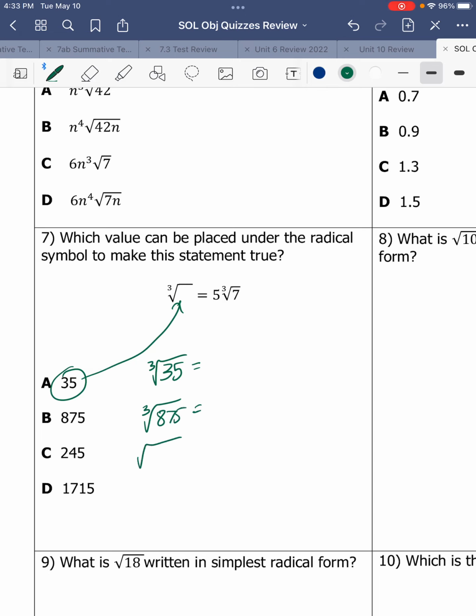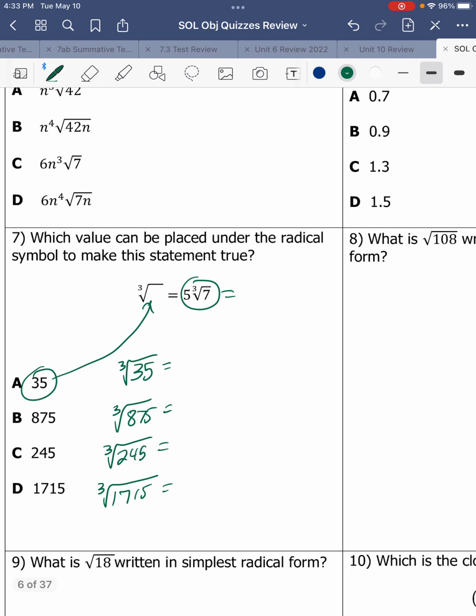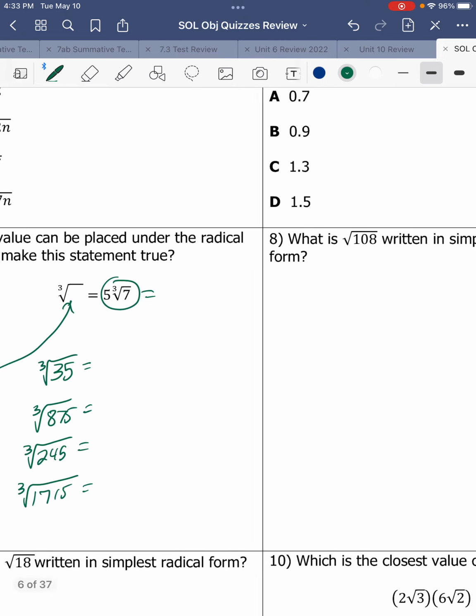What does that equal? The cube root of 245. What does that equal? And the cube root of 1715. Or what do they equal decimal wise? And then you need to figure out which one of those is going to equal 5 cube root of 7. So put all of them in decimals. One of them is going to equal 5, the same as 5 cube root of 7. So you just choose the smallest.